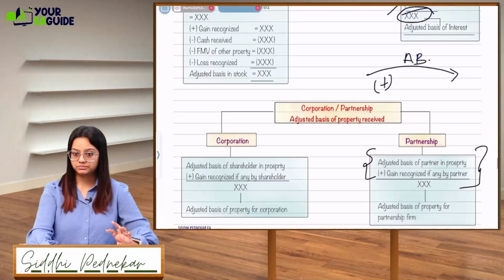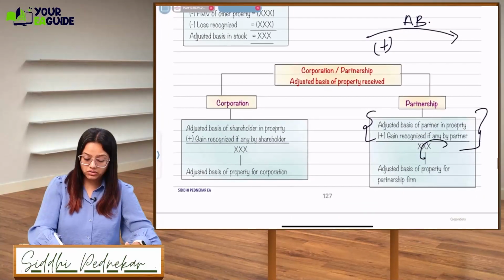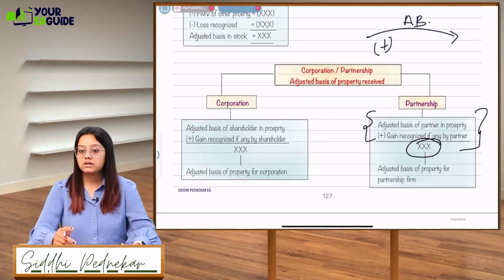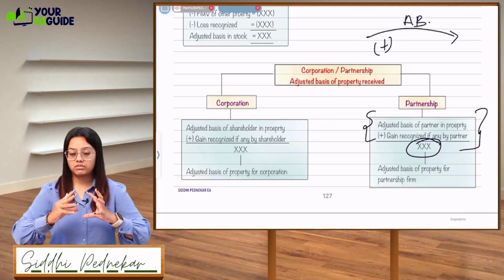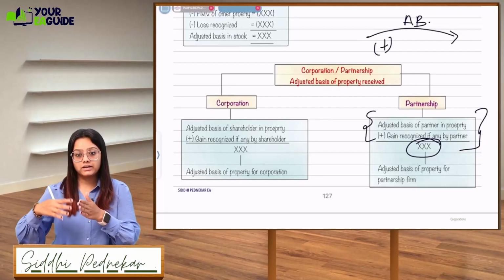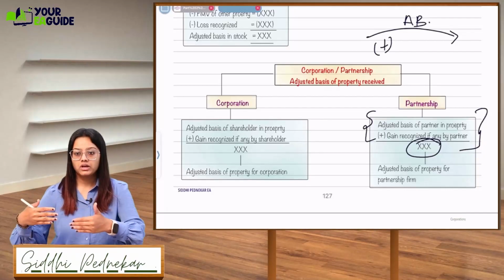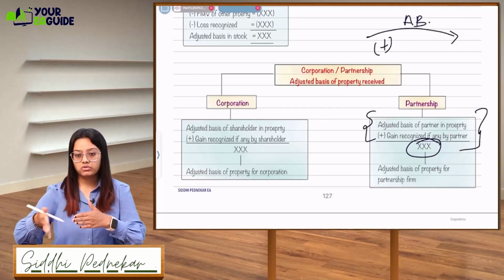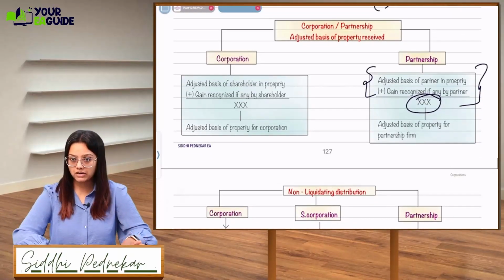So this amount a partnership firm will recognize in their books as a property cost basis. On that, the depreciation will be charged, and later on, when it is sold, the same amount will be considered. Adjusted basis will be calculated like this.